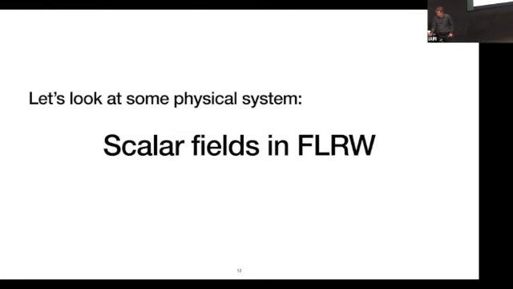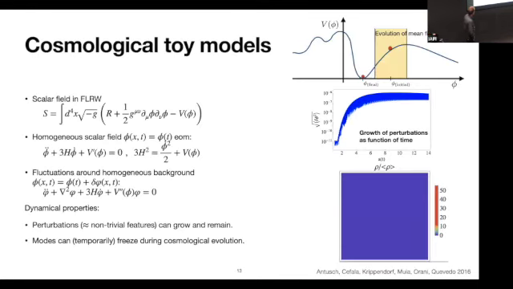This brings me to a physical system that we obviously love in our field, and that is scalar fields in cosmology. So let me give you a little bit of theory on this side.